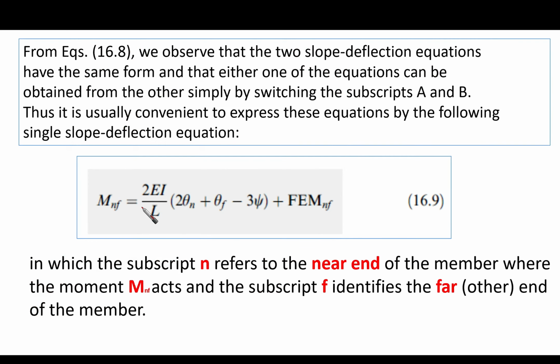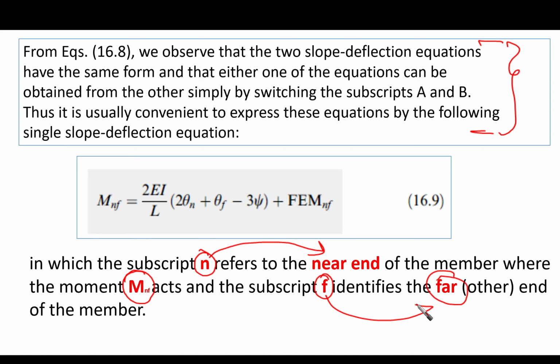Okay, now let's go to the next slide. This is actually the explanation of what I was saying. So this is the equation, the general form, which I have explained in the previous slide. So N here refers to what? The near end, where the moment that I'm studying is, and F identifies the far end.